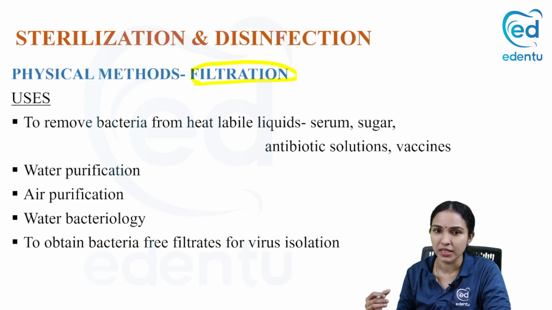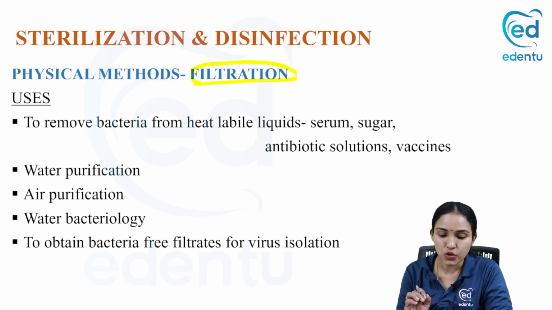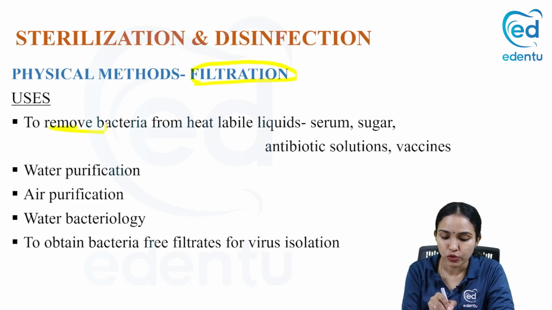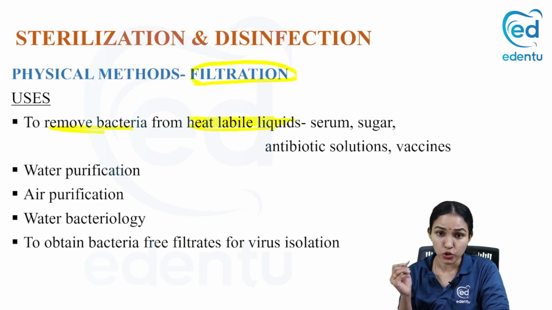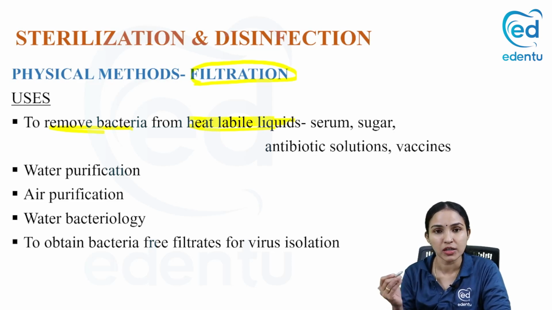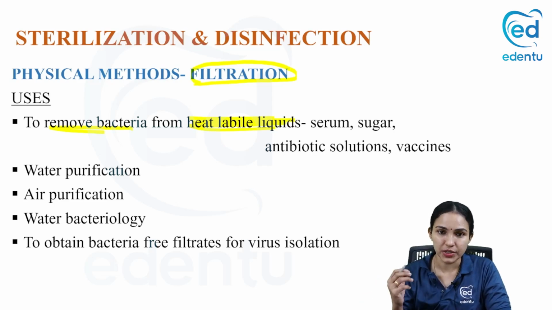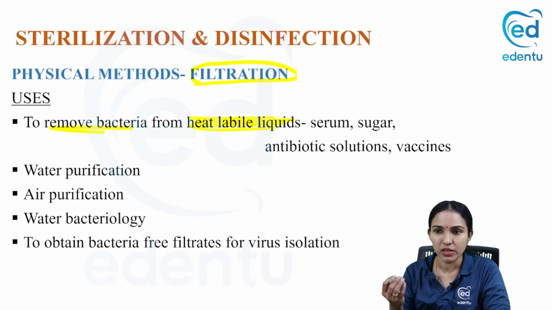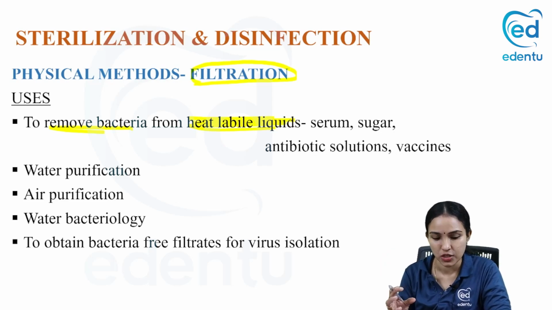The filtrate will be free of those things. So we use filtration to remove bacteria from heat labile liquids, those liquids which you cannot heat, like serum, sugar, antibiotic solutions, vaccines and so on. We filter so that you can remove the bacteria from such solutions.